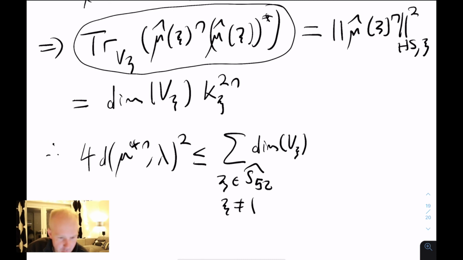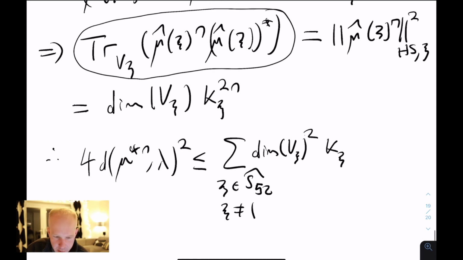You get that squared because you have it twice in front, and then you have this kappa psi that I defined above, to the power 2n. Now, in order to bound this kappa psi from above, we just need to compute these traces of the representations that we have in the definition.